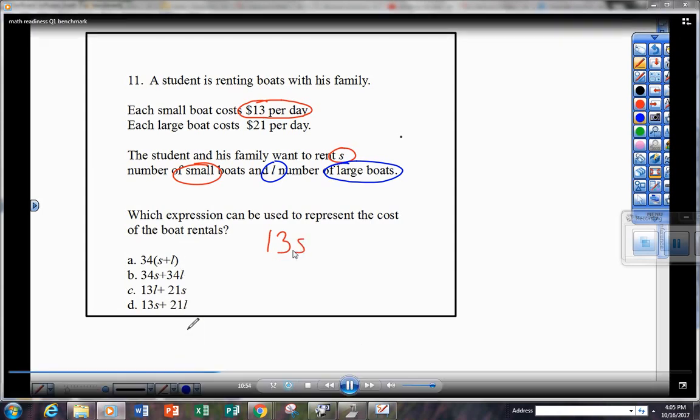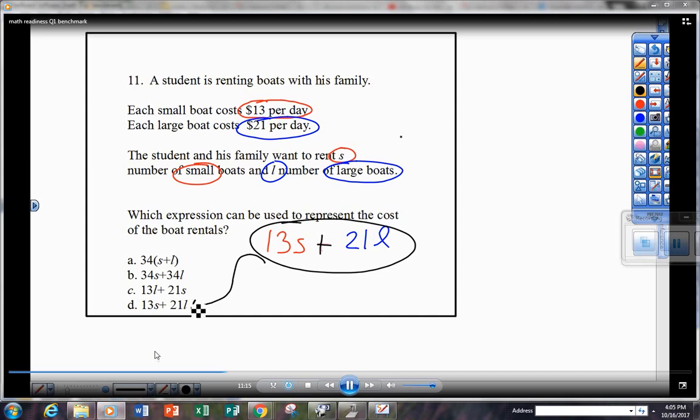Plus 21 times L, because that's $21 per day. If I add that expression up, that gives me how much I'm going to pay: $13 per small boat plus $21 per large boat. So you can see that the answer has to be D.